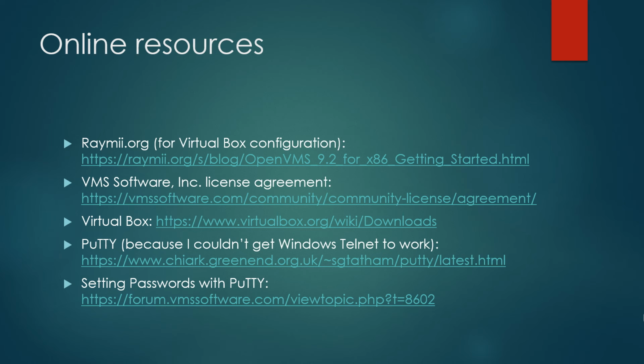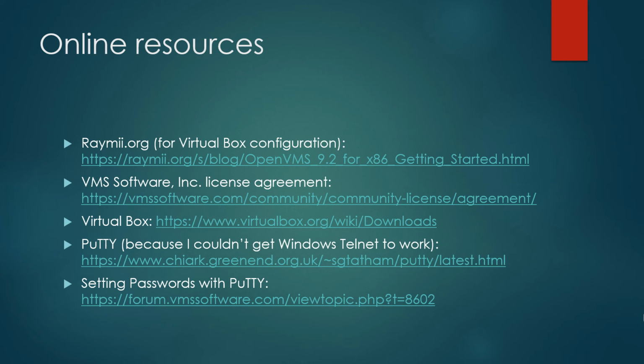VMS Software, that's where you get your community license agreement. VirtualBox, that's where you download a copy of that software. Putty, I needed to do that because I could not sign in and change passwords with the Windows Telnet optional software that you can turn on with Windows 11 Pro.